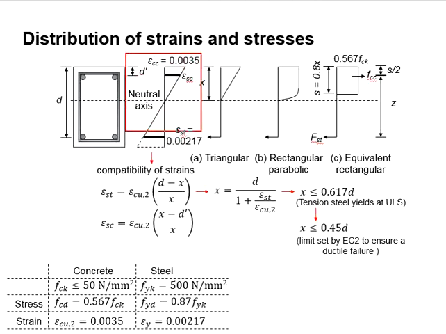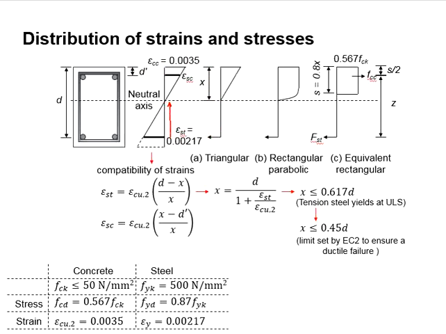Use the principles of interpolation on the basis of the compatibility of the strains. You get the relationship between the steel strain and the concrete strain.